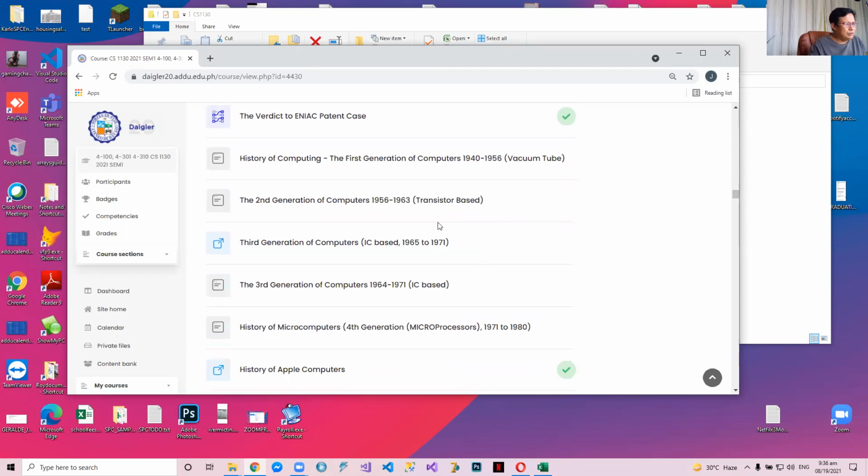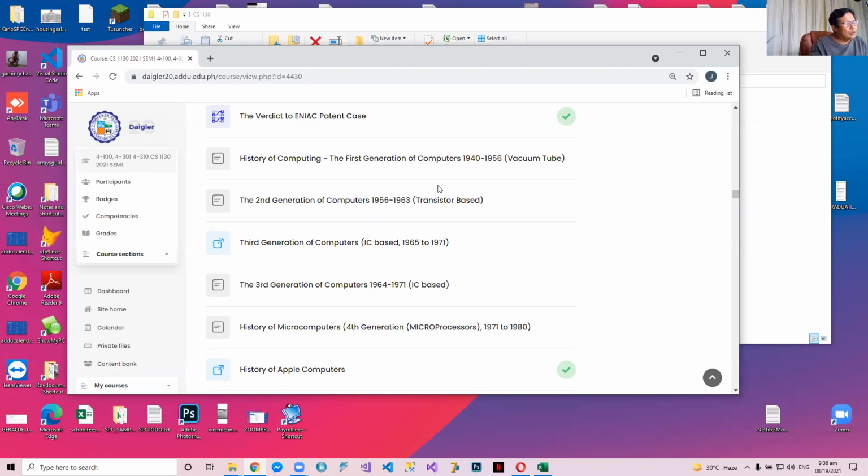transistors or vacuum tubes. By the third generation, 1965 to 1970, this is the time of the PDP. No, ICs were introduced. No, the PDP-7 and the 7090, because 701 to 709, 705, kasi ang 709 was the first transistorized version, no?